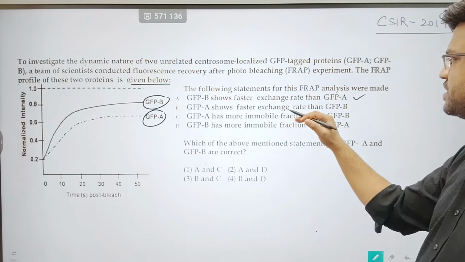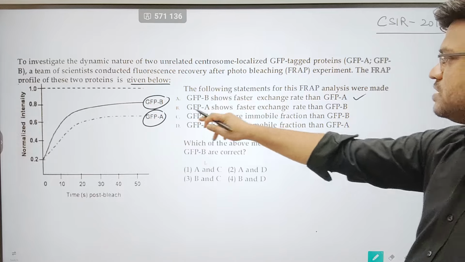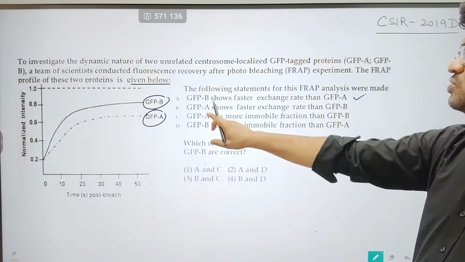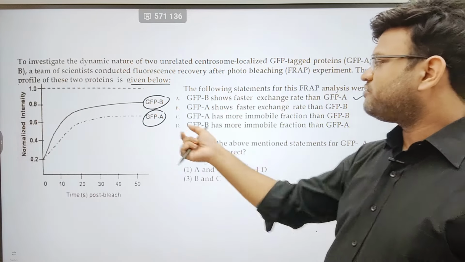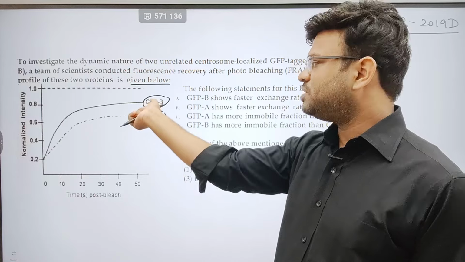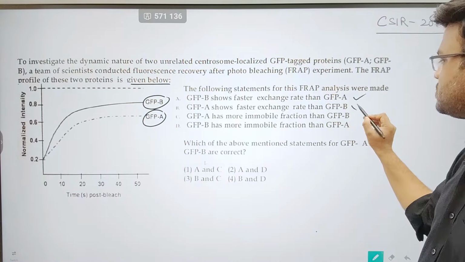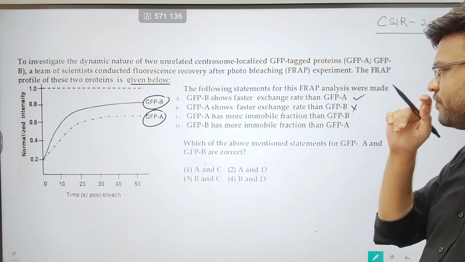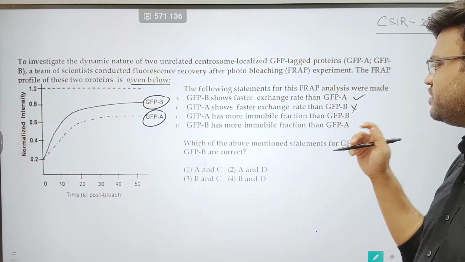GFP-A shows a faster exchange rate than GFP-B. No, GFP-A is lower than GFP-B, so it is showing a lower exchange rate. So this option does not seem to be correct. GFP-A has more immobile fraction than GFP-B.